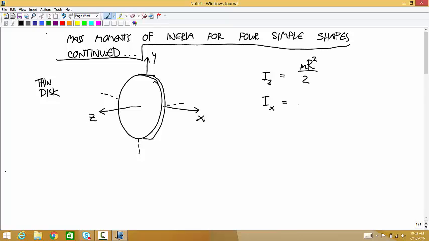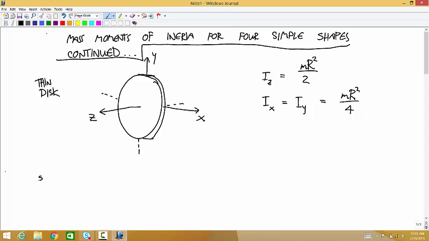So the moment of inertia about x is equal to the moment of inertia about y, which is equal to mr squared over 4. So it rotates more easily like a wheel or a blade than it does like a paddle or a flipped coin. No, that's not true. It's the opposite. It rotates more easily flipping end over end.